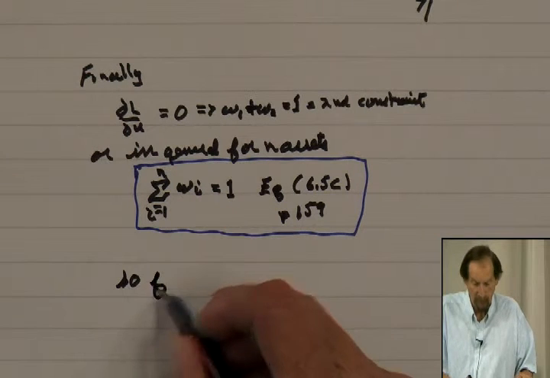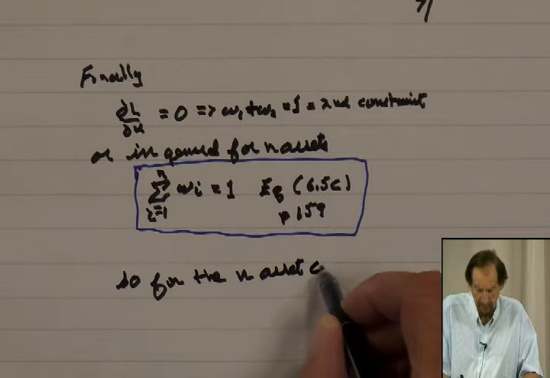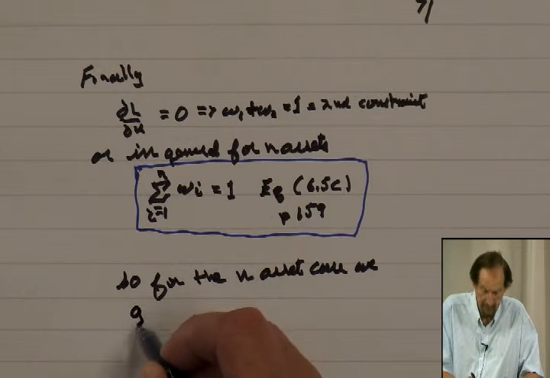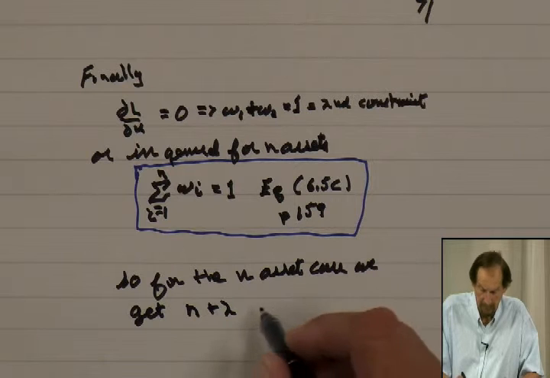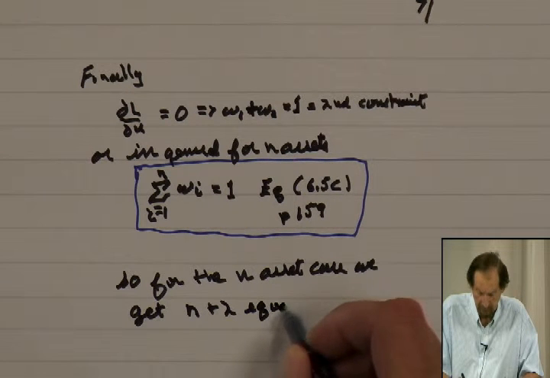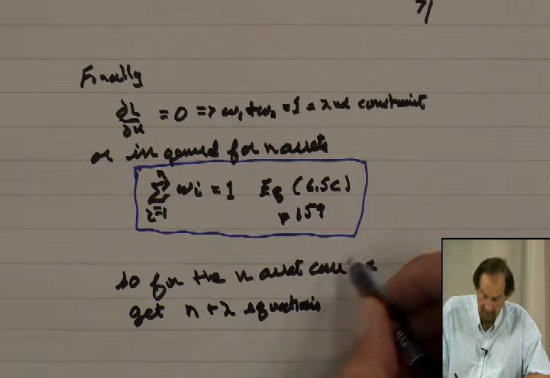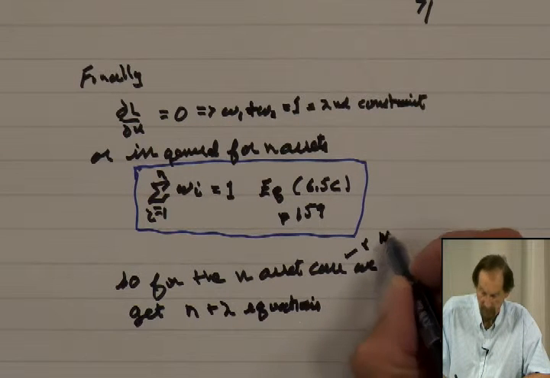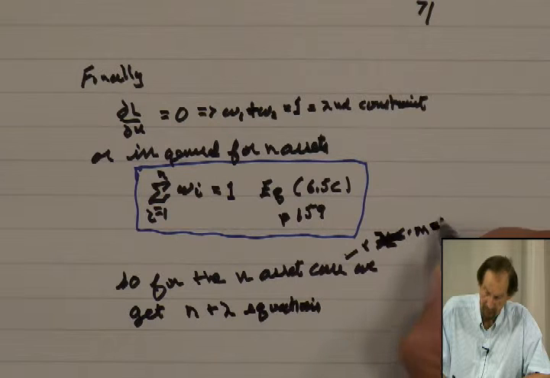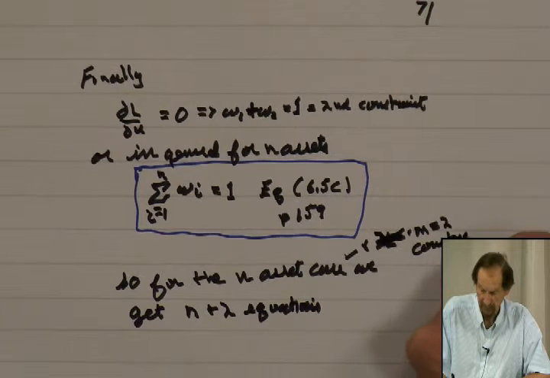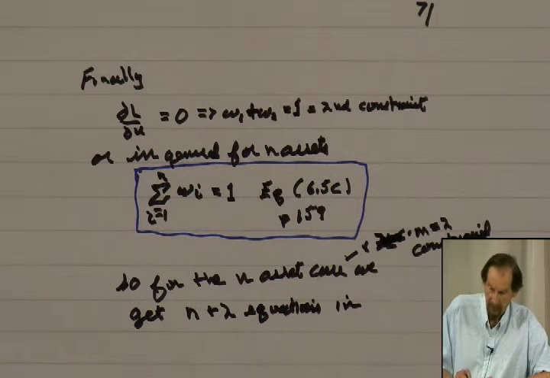For the n asset case, we should say the n asset and m constraint, m equals 2 constrained case, we get n plus 2 equations and n plus 2 unknowns.